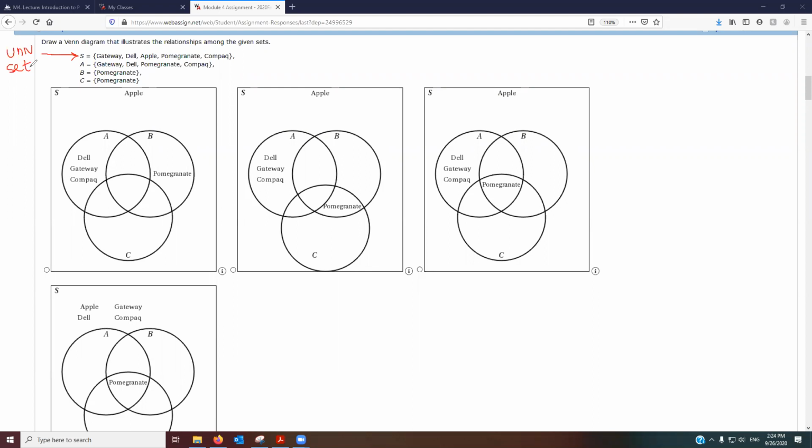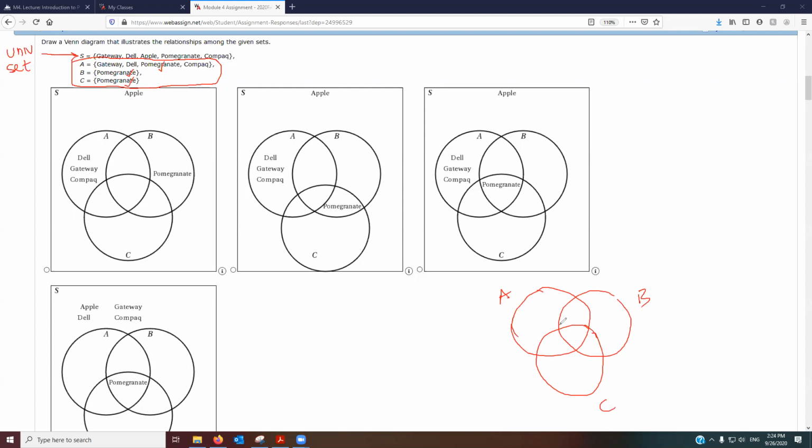All right, well, let me check it out here. First, let me notice what's in common between sets A, B, and C, because maybe that'll help me out. I'm noticing pomegranate is in set A, B, and C. Well, if pomegranate has to be sitting in set A, B, and C, when you think about this Venn diagram, here's set A, here's set B, and here's set C. I need to put pomegranate in a position here where it's sitting in all 3 circles at the same time.